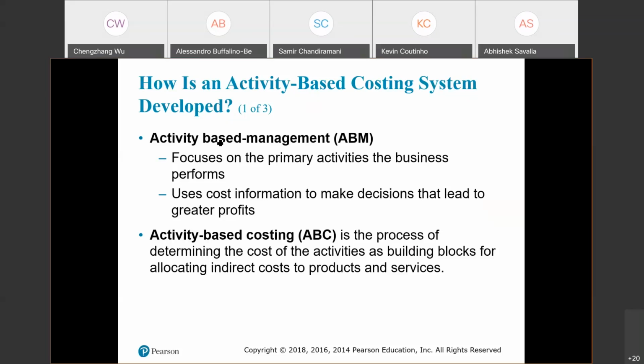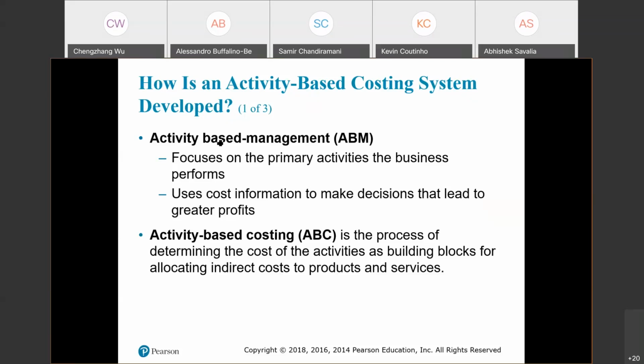Activity-based management focuses on the primary activities that the business performs so that the managers can determine the cost of the activities and then use the cost information to make decisions that will lead to improved customer satisfaction and greater profits.